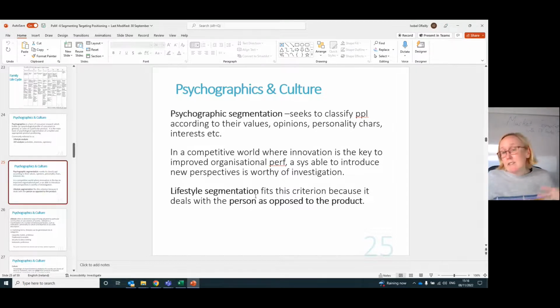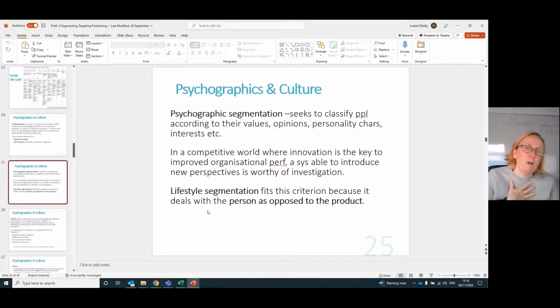What that means is just because we haven't previously segmented using psychographics doesn't mean we should keep doing it the way we've always done it. It could be something you take on board and use alongside traditional segmentation bases. Lifestyle segmentation fits this criterion because it deals with the person as opposed to the product.